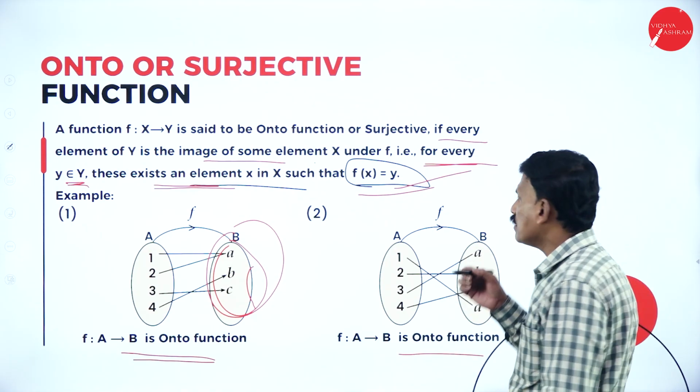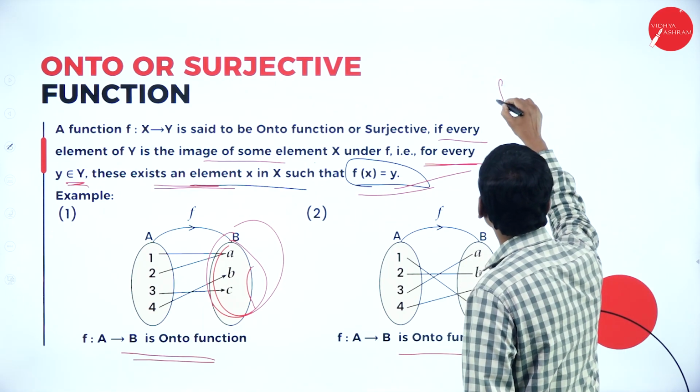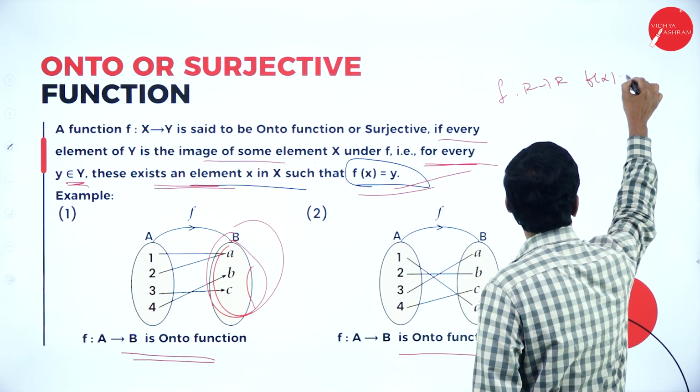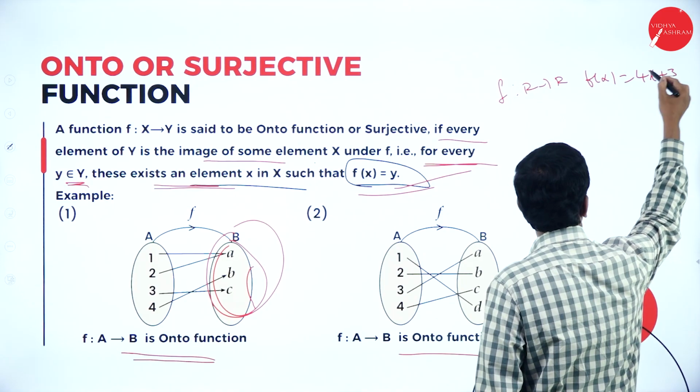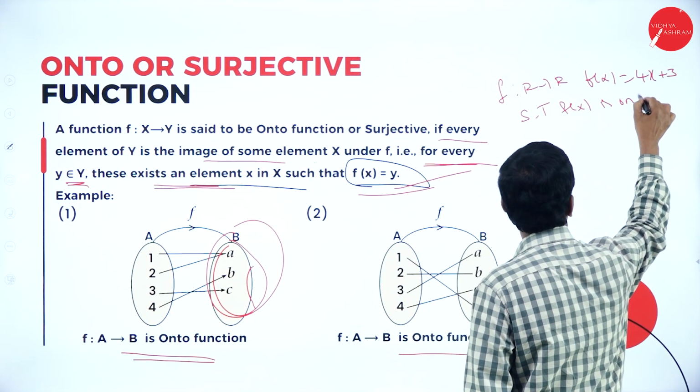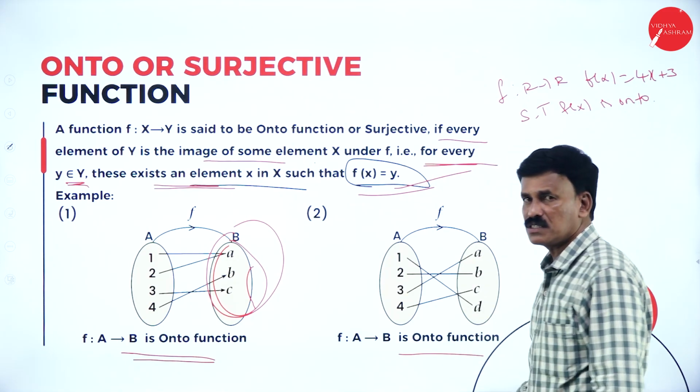Now let us take an example statement. If f from R to R is defined by f(x) is equal to 4x plus 3, show that f is an onto function. Now how to verify this?